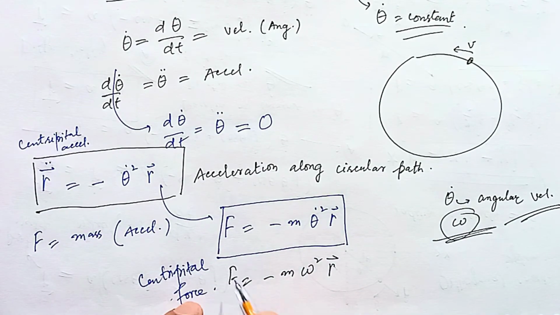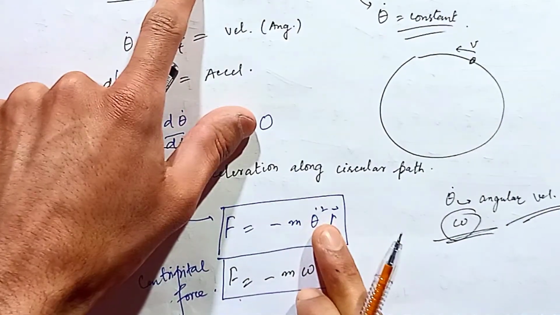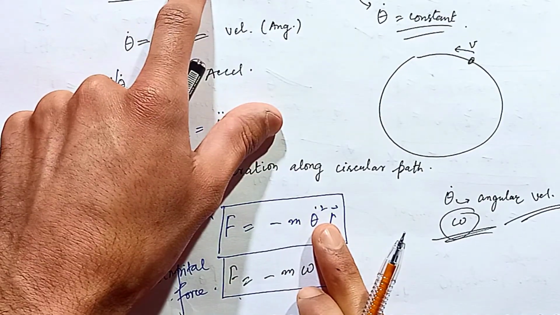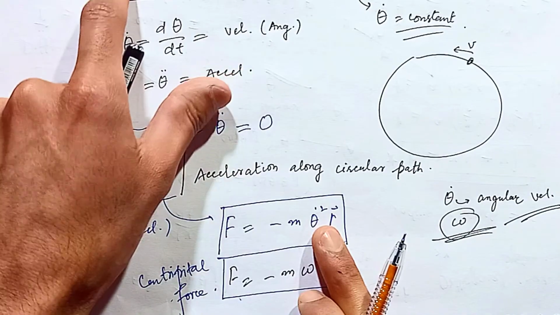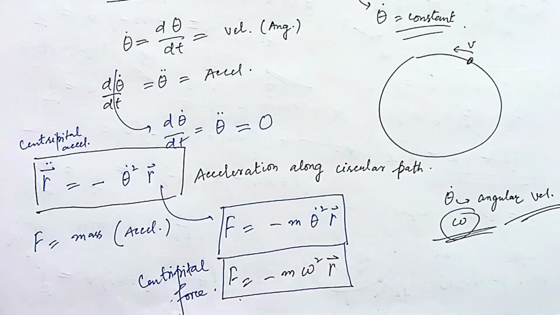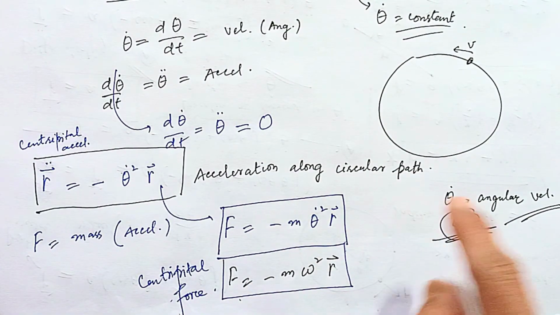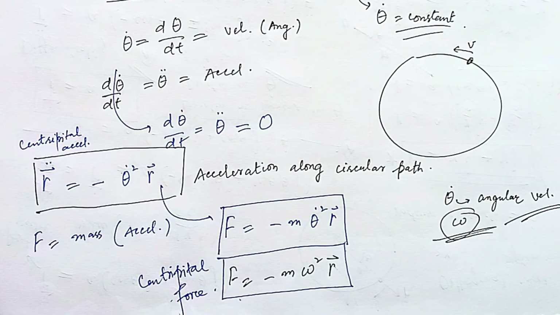One component has vanished, but one component still exists, and this gives the acceleration produced inside the body even though it is moving with constant velocity.